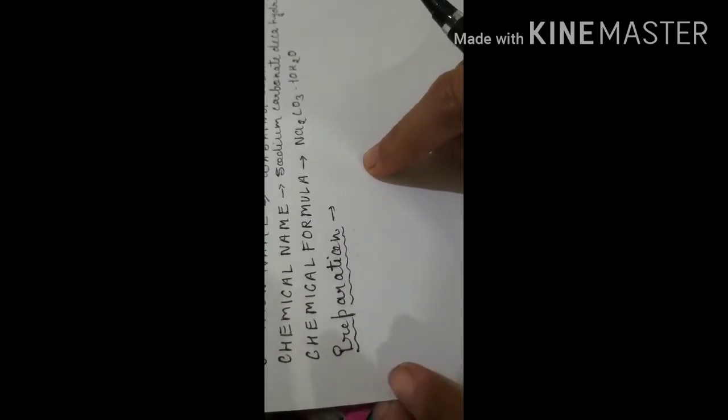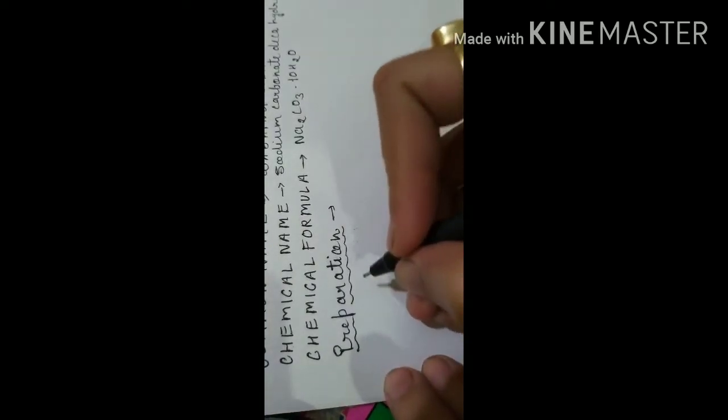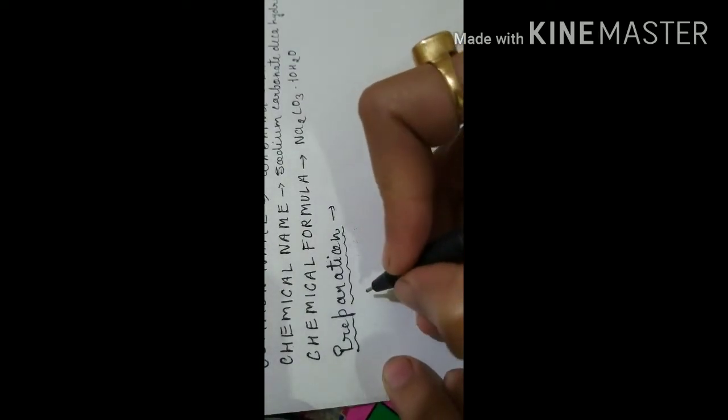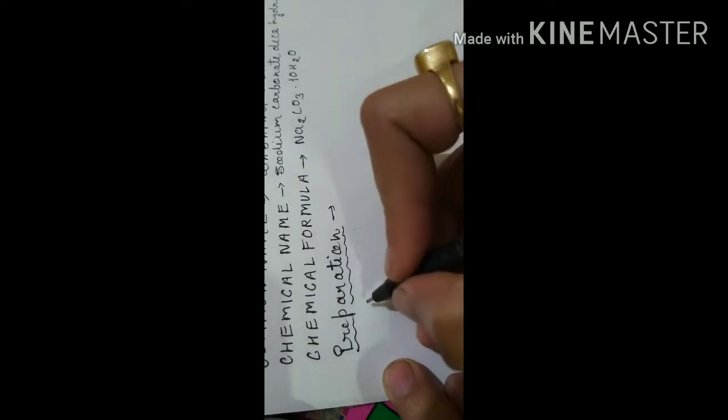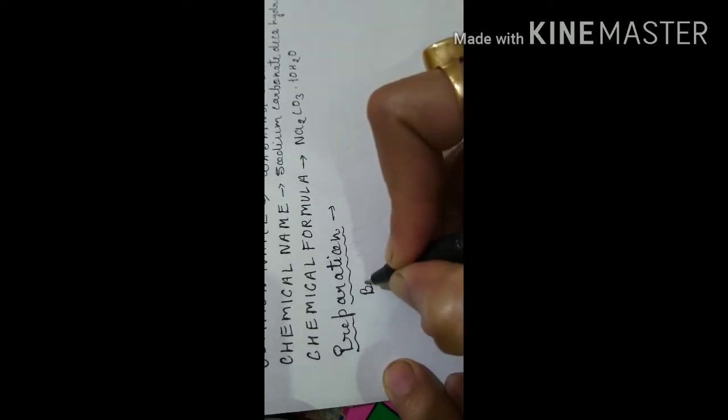Let us start the study of how it is prepared. That will come in the column of preparation. It is prepared from the brine solution. First of all we have to understand what brine is.